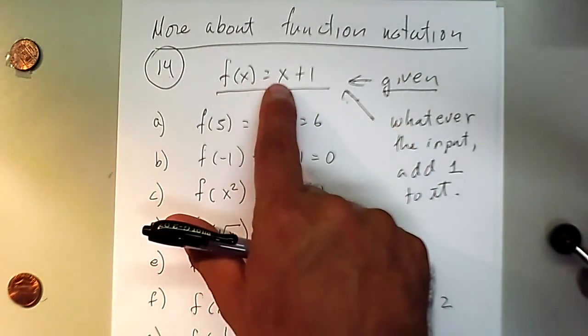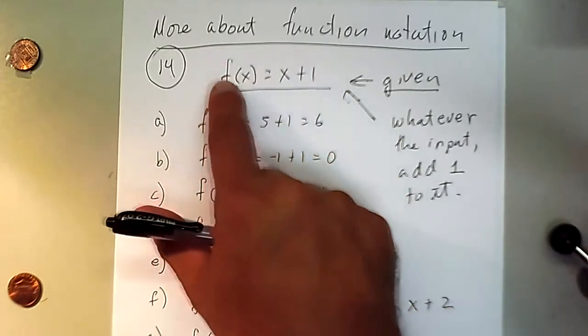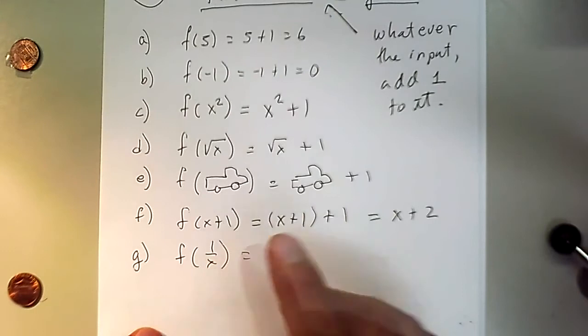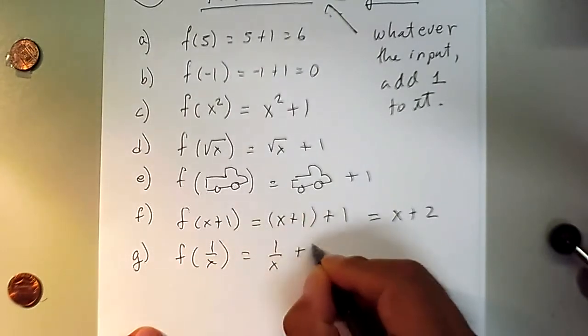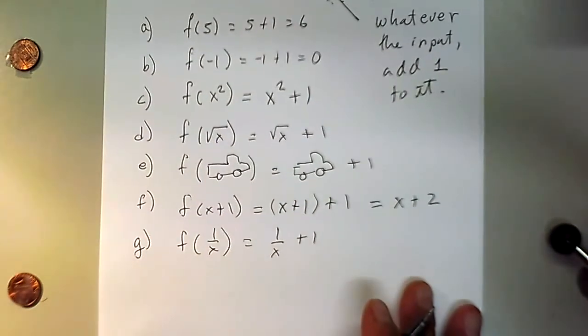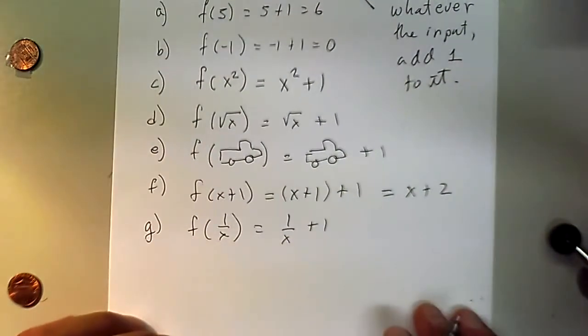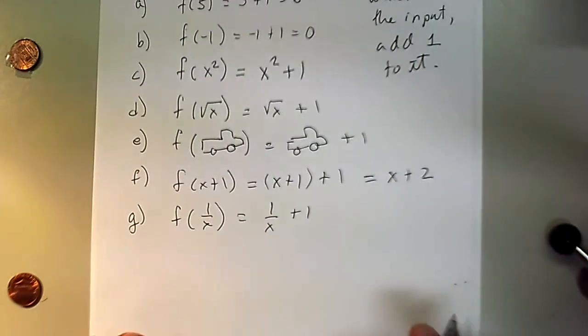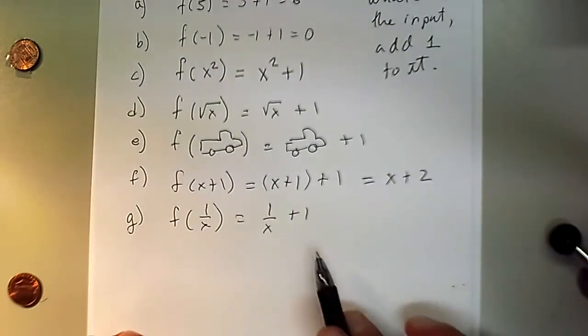Whatever the input is, add 1 to it. But that is exactly what this rule is telling us. So the input is 1 over x, add 1 to it. That's it. There's no more to it. There's nothing else to do with that. Yep. Yeah, don't complicate things. And by the way, it's easy to mess this up.